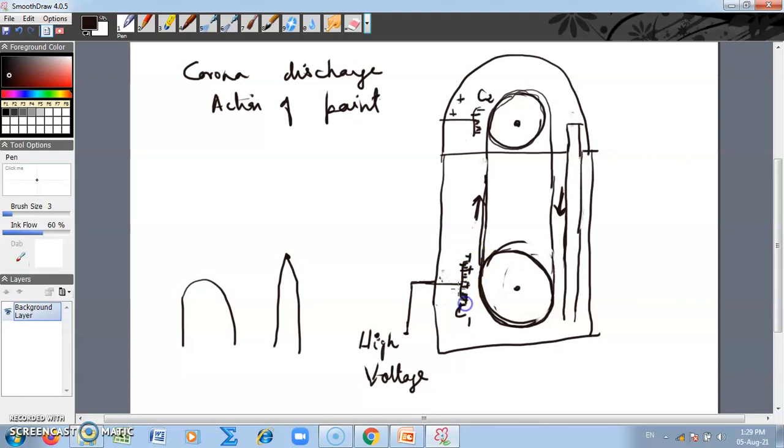As a result, what happens? The positive charge, there will be a large accumulation, so they'll be repelled and they will be sprayed on this belt, and they will be carried upwards like this. They will reach here, and then they will produce a negative charge here, which will be the negative charge because of electrostatic induction.